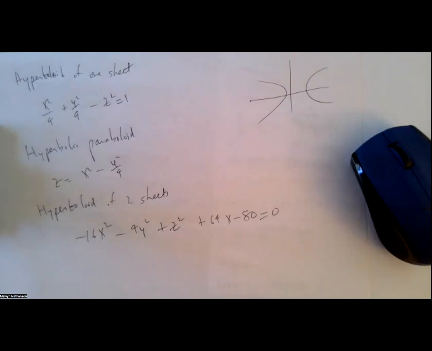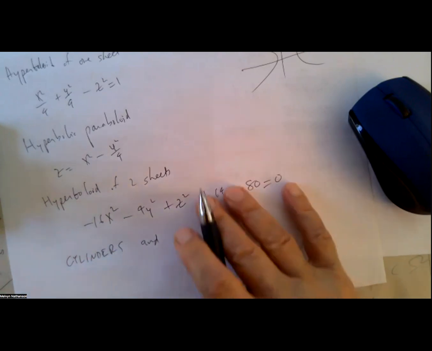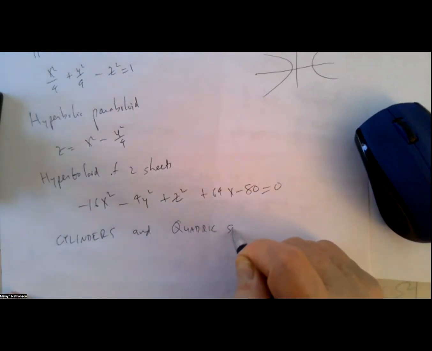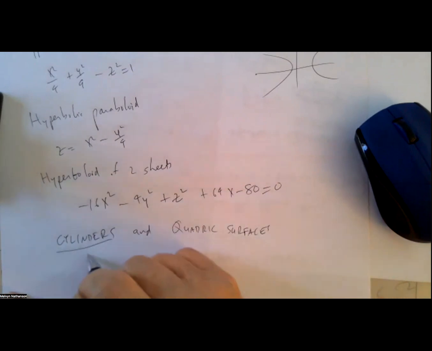Okay. All right. So 13.6, the section that we're talking about, has two subjects: cylinders and quadric surfaces.